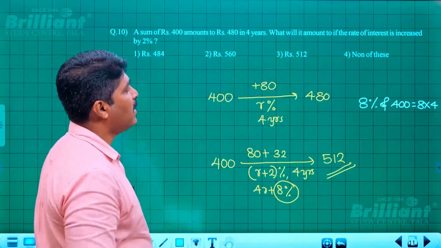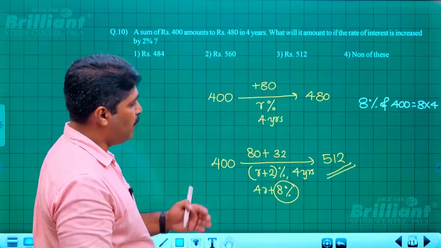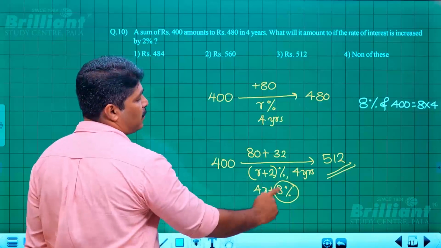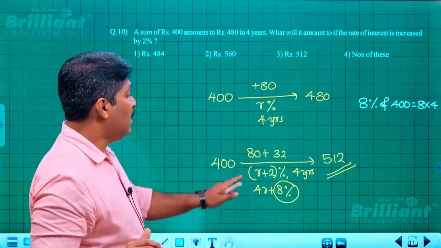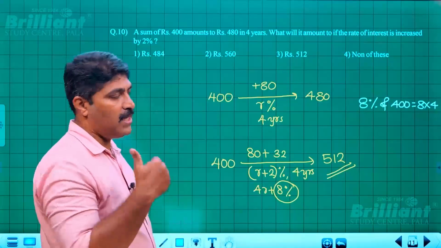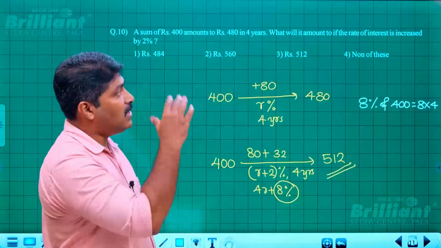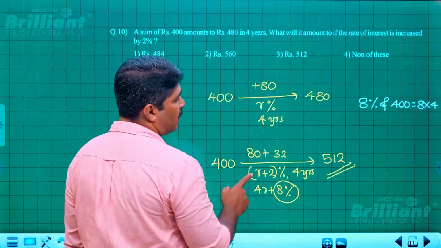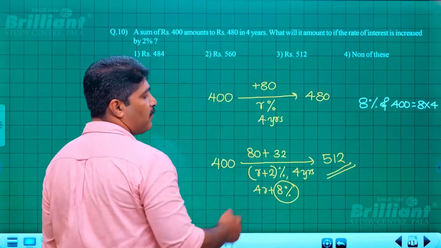So if the rate of interest is increased by 2%, then there should be a cumulative increase of 8% in the rate, meaning the net simple interest rate here. So this is based on simple interest. Don't forget that point. Clear? So by using this trick, we can easily find out the variation here.